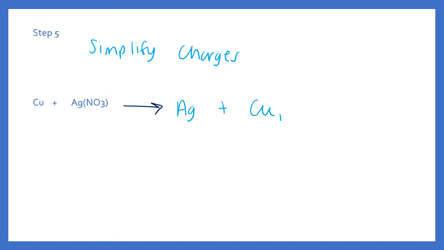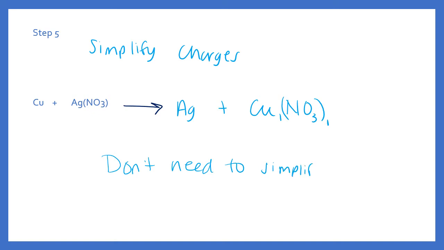Again, it's Cu1NO3 with those parentheses and that 1 on the outside. 1 and 1 are the lowest form, so we don't need to simplify. And then step 6 will be to balance.